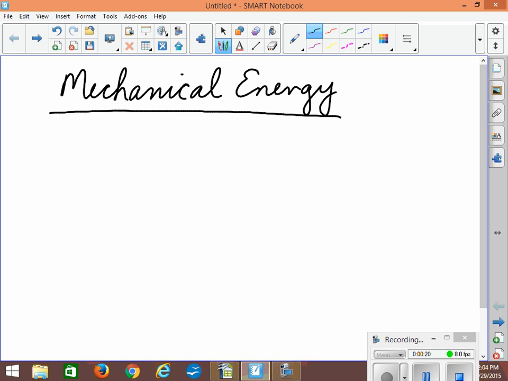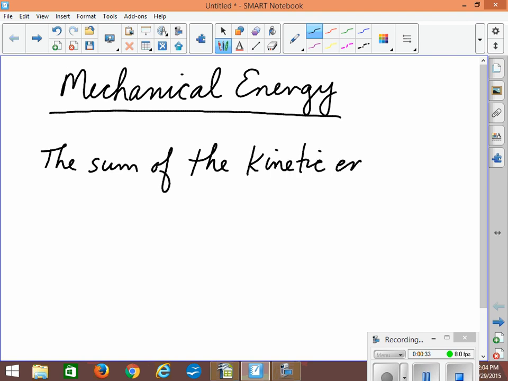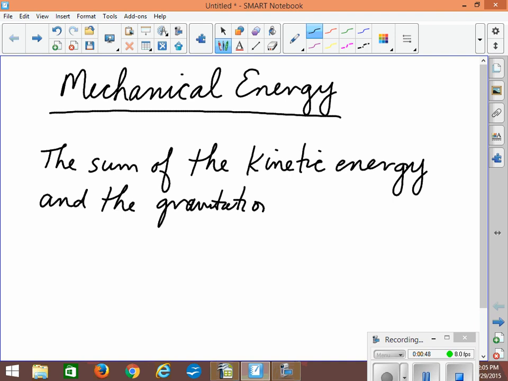So basically the mechanical energy of a system is the sum, or the total, of the kinetic energy due to motion or speed, and the gravitational potential energy, which is energy due to height above the Earth.